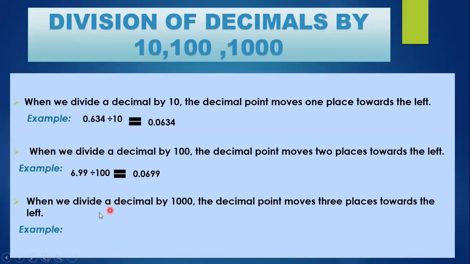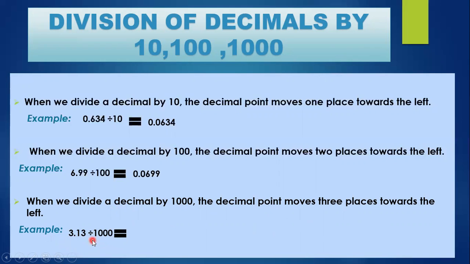Or when we divide a decimal by 1000, the decimal point moves 3 places towards the left. Suppose you have the value 3.13 divided by 1000. We have to shift this decimal point 3 places towards the left.